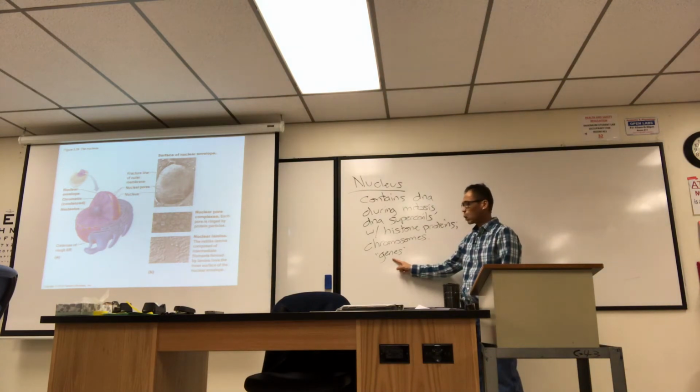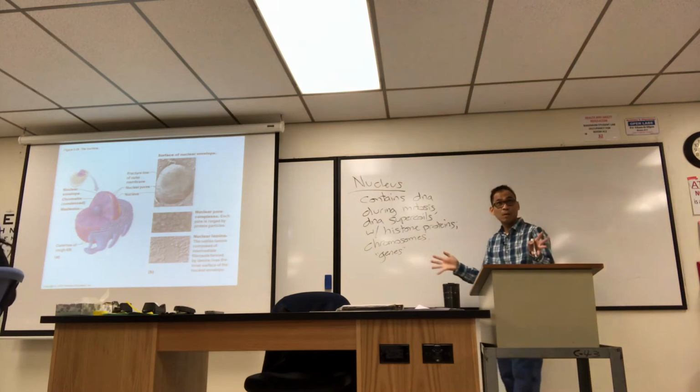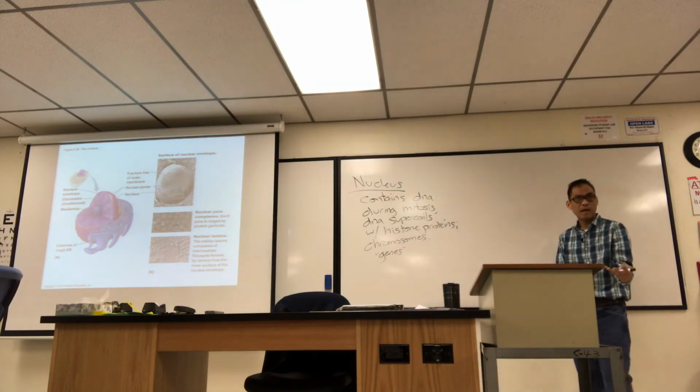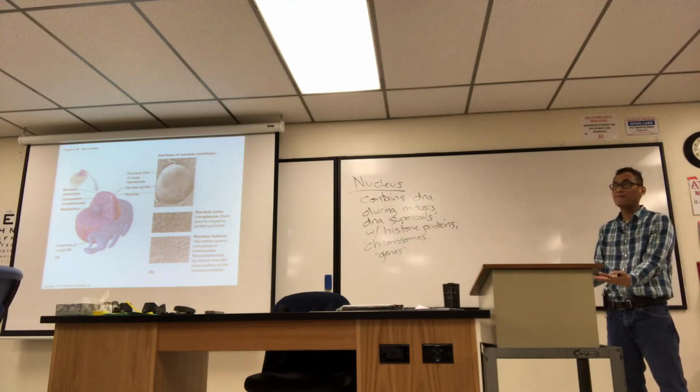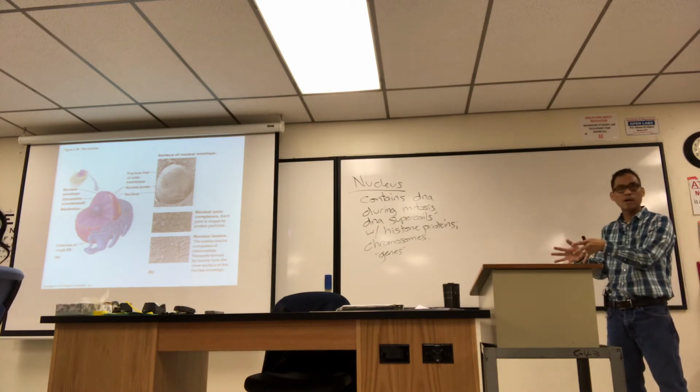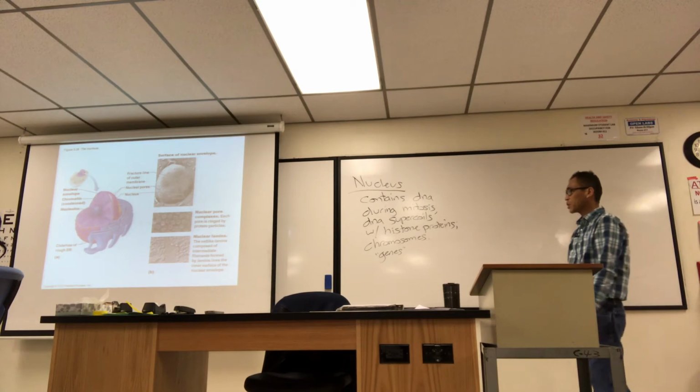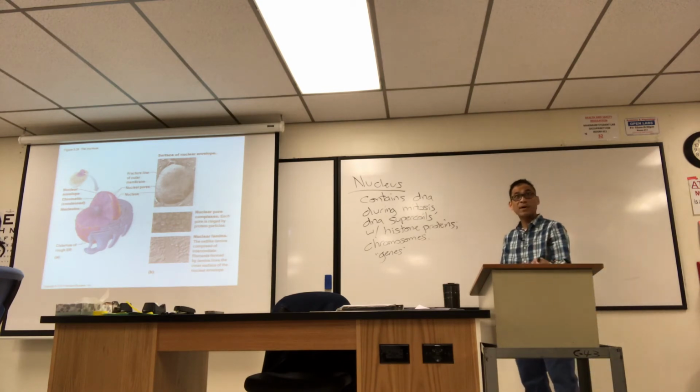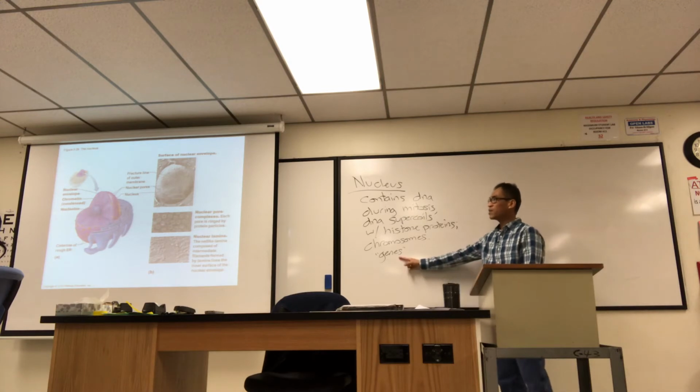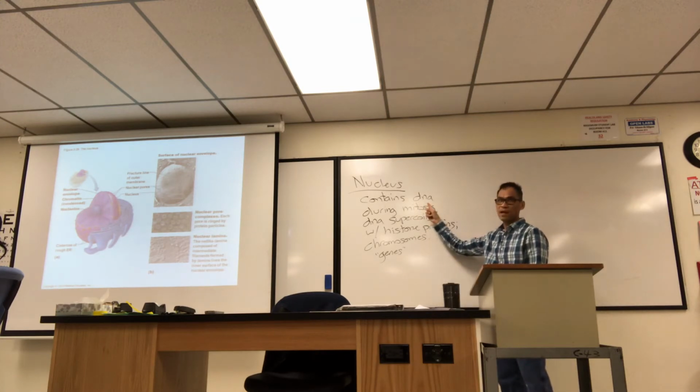I think Gregor Mendel, with the pea pod plants, coined the term genes hundreds of years ago. We always study that in terms of inheritance, but it had nothing to do with DNA. They didn't even know about it. The concept of the gene is you pass some trait on to the next generation. You do the Punnett squares and all that stuff. We don't do that in this class. But that's where the term gene came from. We still use it, even though we know now it's in the DNA.